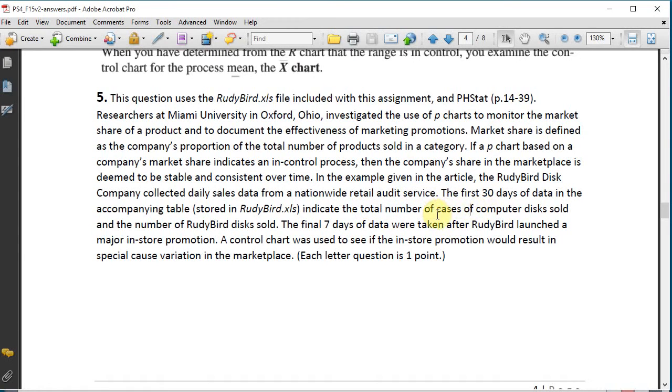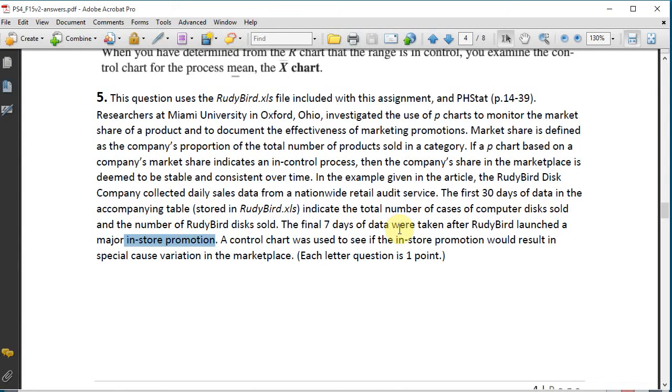There are cases of discs from other companies or manufacturers also. And then the final 7 days, so there's going to be a total of 37 days of data in this spreadsheet. The final 7 days were taken after RubyBird launched a major in-store promotion. And so we're going to use control charts to see if the in-store promotion was effective.